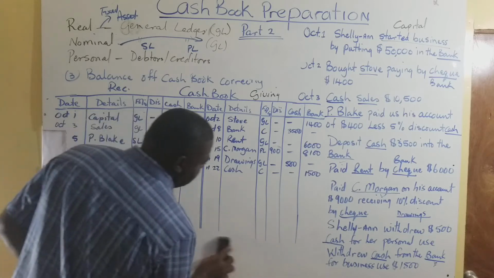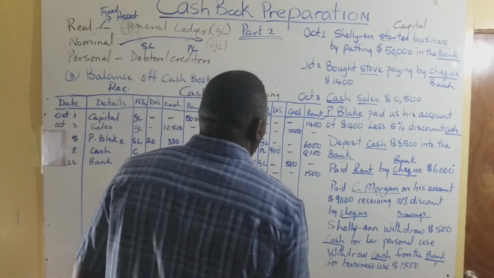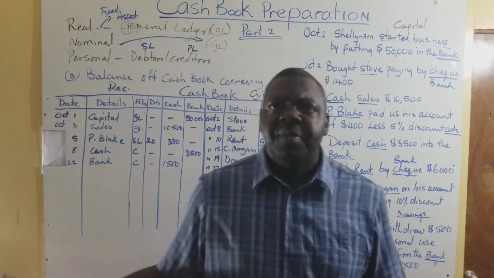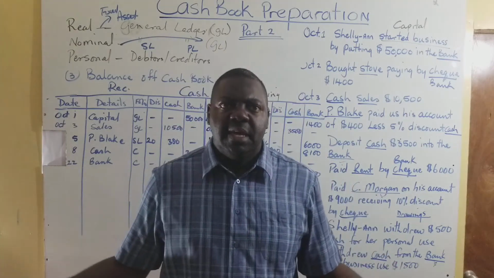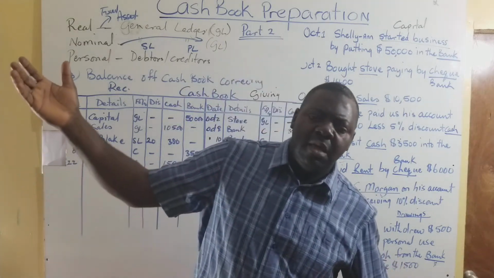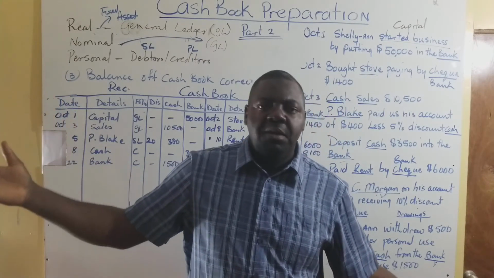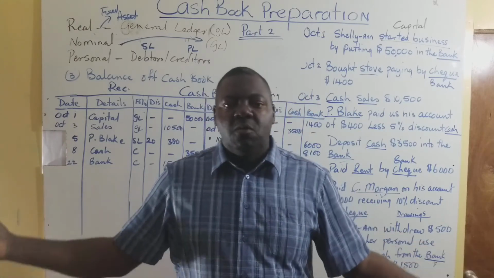All right, so we can do something down here. To balance off the account, remember, when we thought balancing, we indicated that one side is more than the other, and we need to put something on the other side that is less for the account to balance.